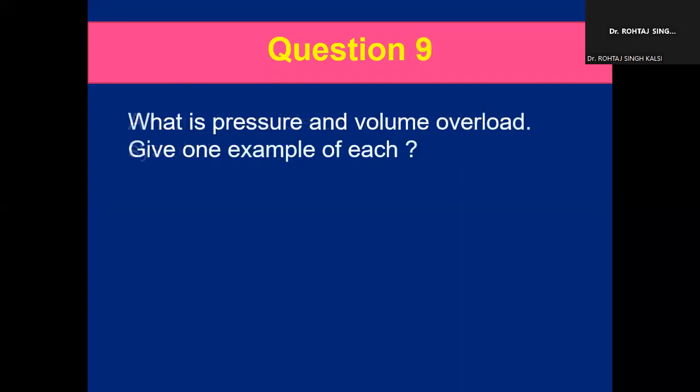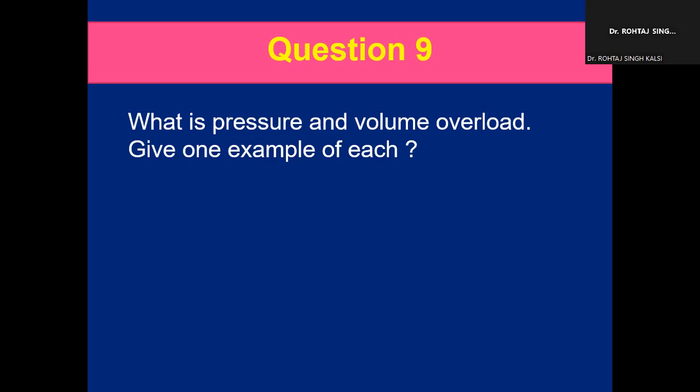Okay. And what is the difference between pressure and volume overload? Pressure overload is pumping of the ventricles against an increased pressure gradient, for example in aortic stenosis. Volume overload is pumping against increased volume, in conditions like ASD. So how will the septum behave in pressure overload and volume overload? In pressure overload, the interventricular septum will be bulging towards the left ventricle, sir.